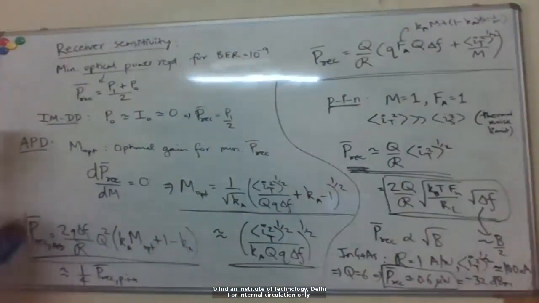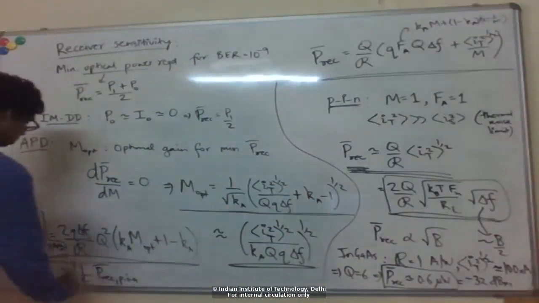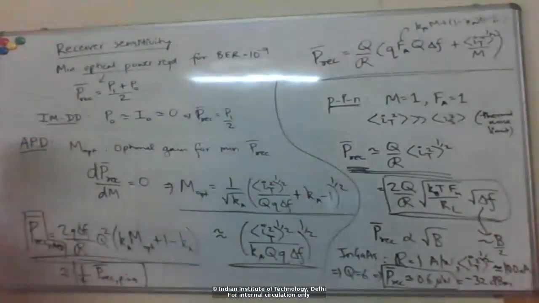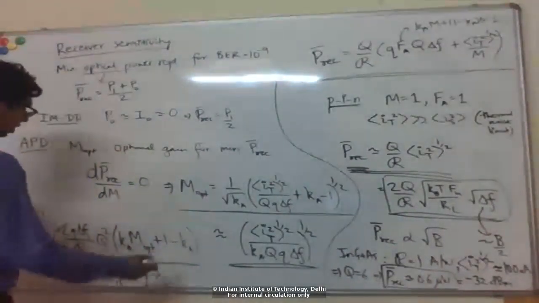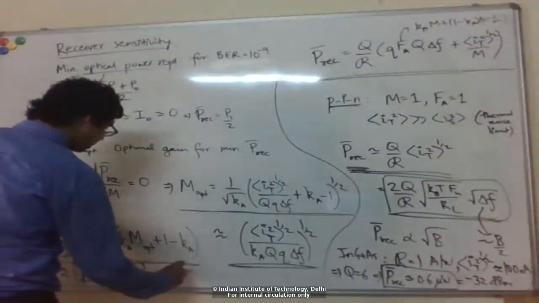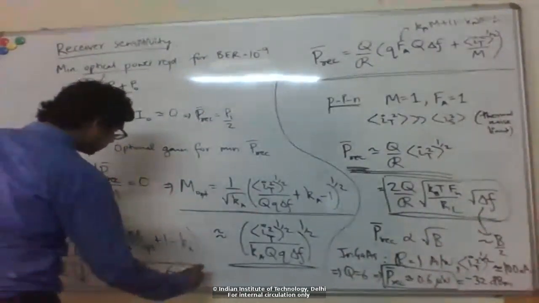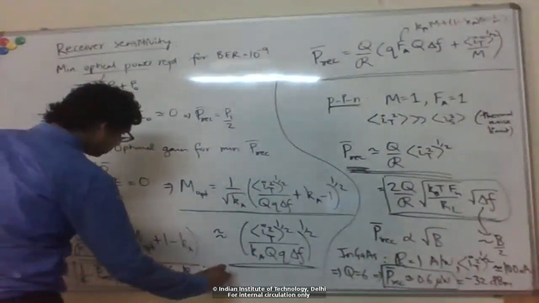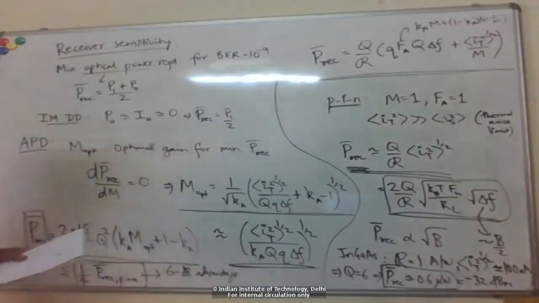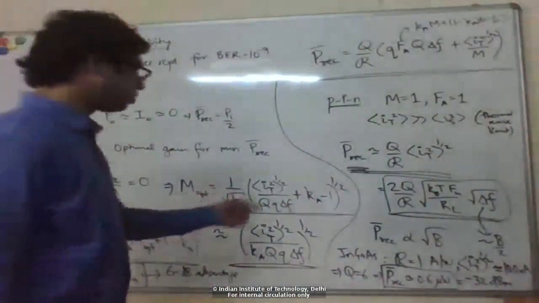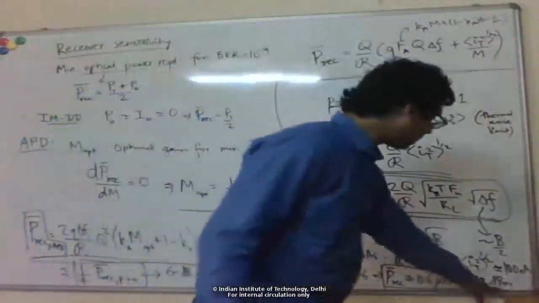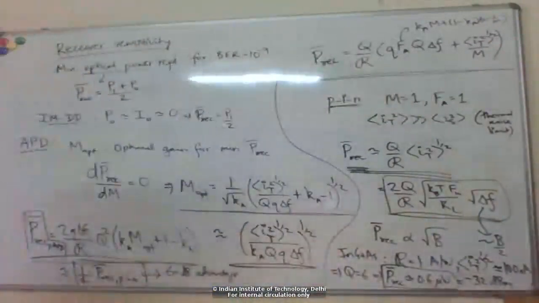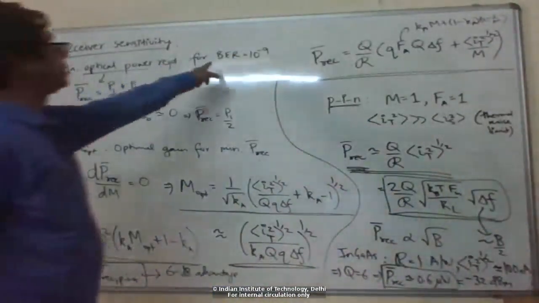Anyway, so you can see that 1/4, if you convert it to dB, is like a 6 dB advantage. So in terms of dBm, for the APD I will need about minus 38 dBm to get the same bit error rate.